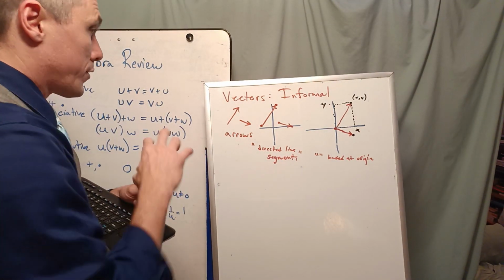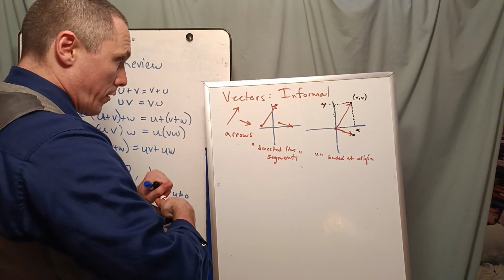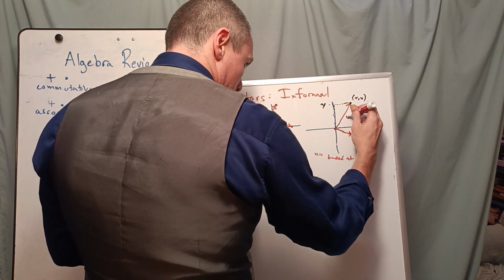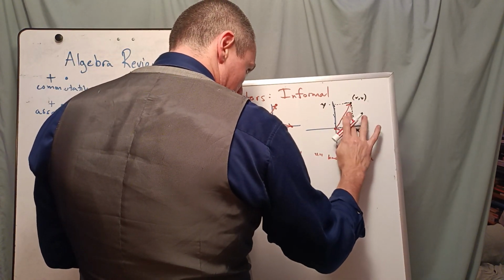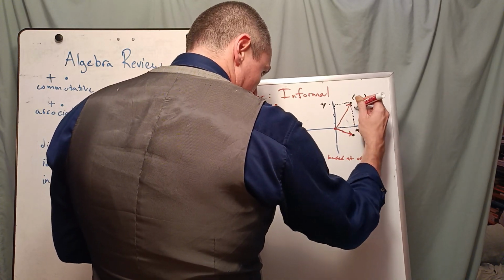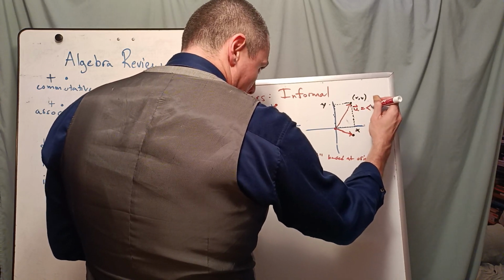And so what we're going to do is we're going to associate with this vector, who I'll call u for now, a component notation.